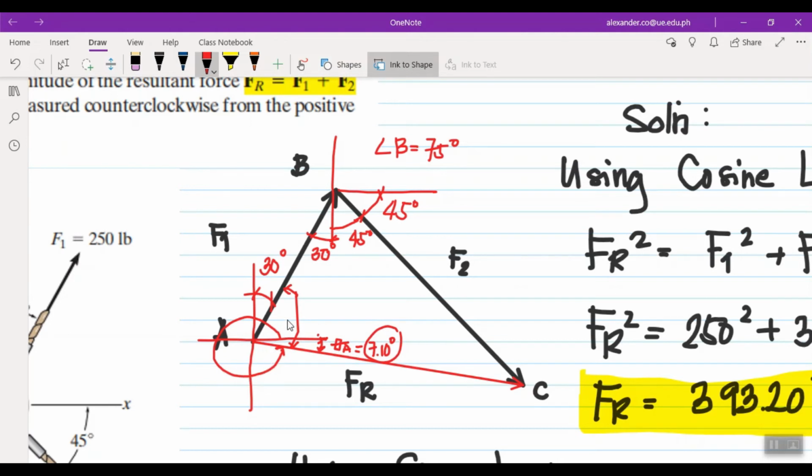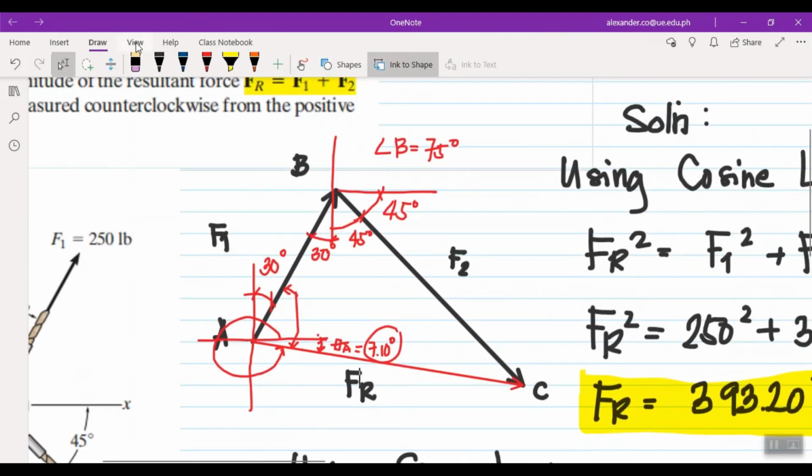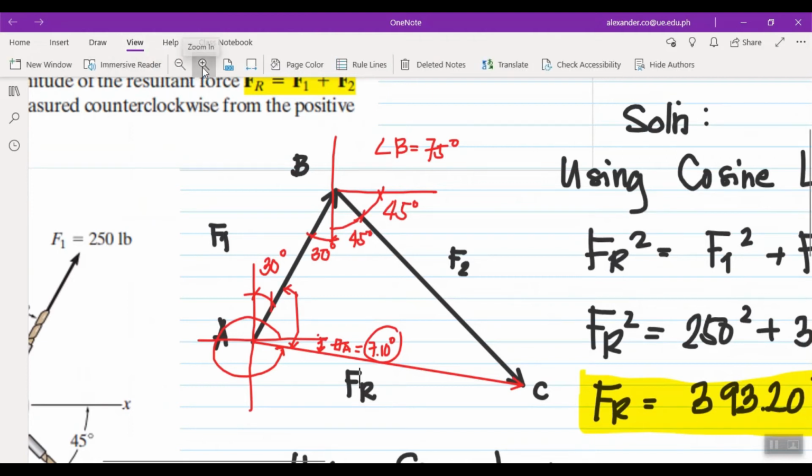Yung direction, ngayon, so ano yung sagot? So, it's 360 minus 7 degrees, di ba?